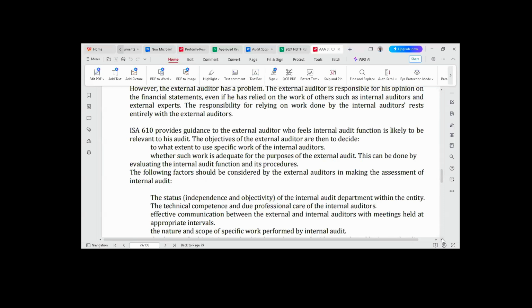I believe we have done internal audit and outsourcing. We have been able to see the difference between internal audit and external auditing. Another factor that the external auditor will use to evaluate the internal department is the technical competence and due professional care of the internal auditors. Are they putting square pegs in square holes?